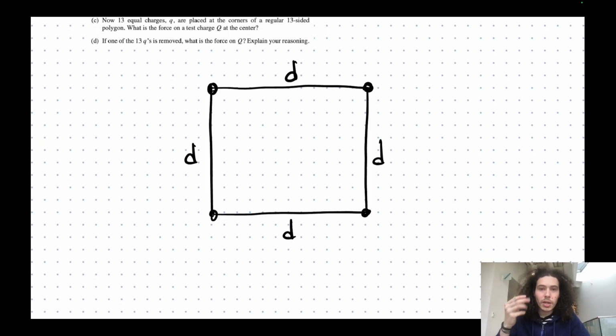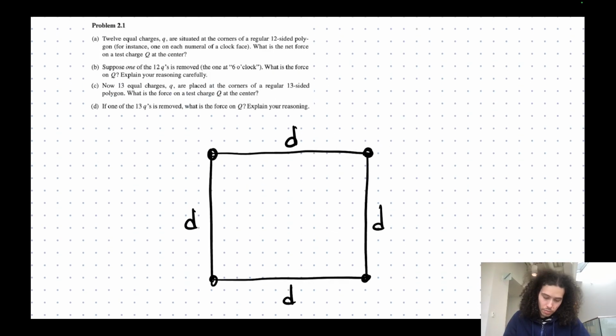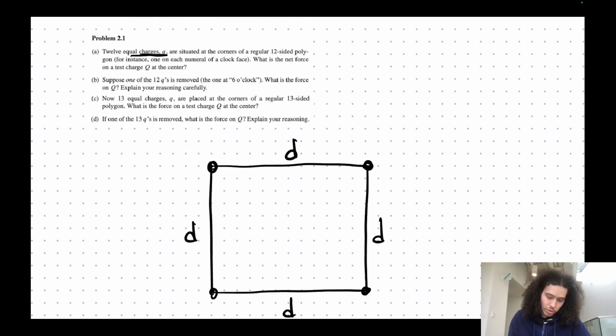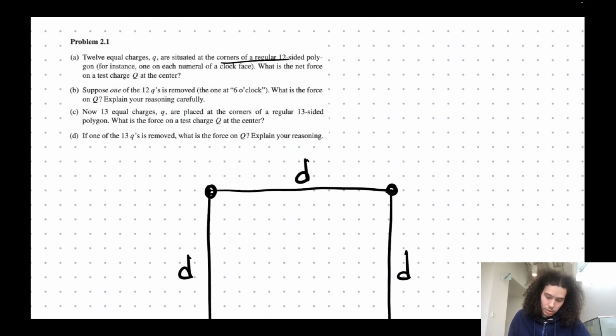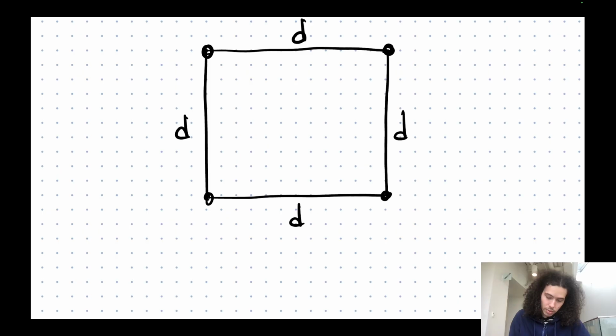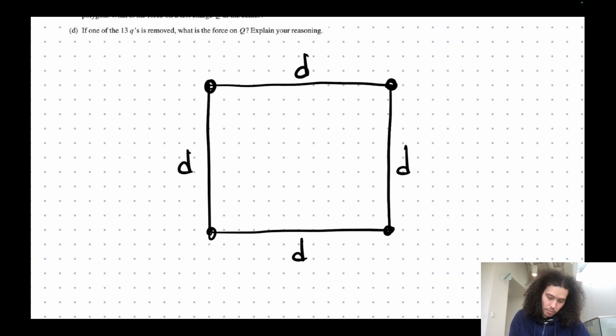Imagine them to be exactly the same. And if you want, you can bring out a ruler and make them exactly the same. Let me read the problem a little bit. They're equal charges. Okay, so that's something that we do have to carry over. And yeah, they're at the corners of the polygon. Okay, so I think we got that set up here.